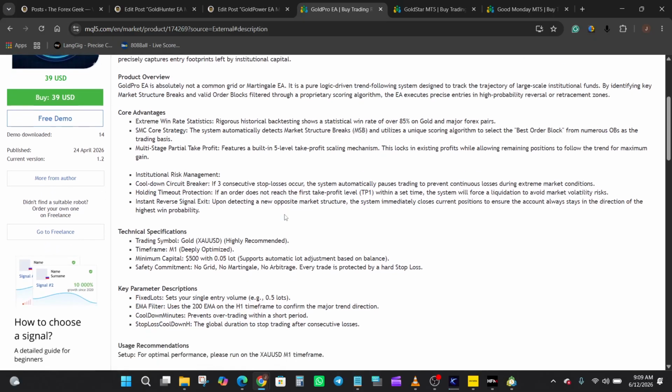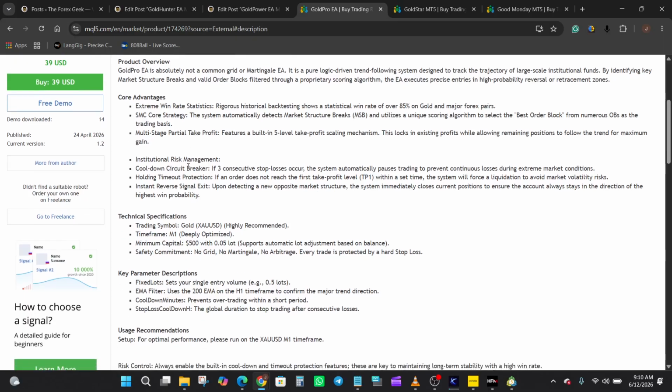The developer has included several protective features, including a cool down function that pauses trading after 3 consecutive stop losses. There is also a holding timeout feature that closes positions if they fail to reach the first profit target within a specified period, as well as an exit mechanism that closes trades when an opposite market structure is detected.